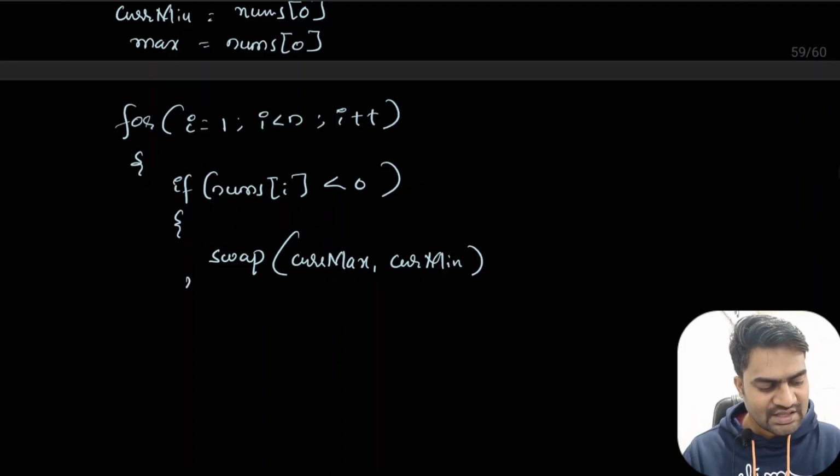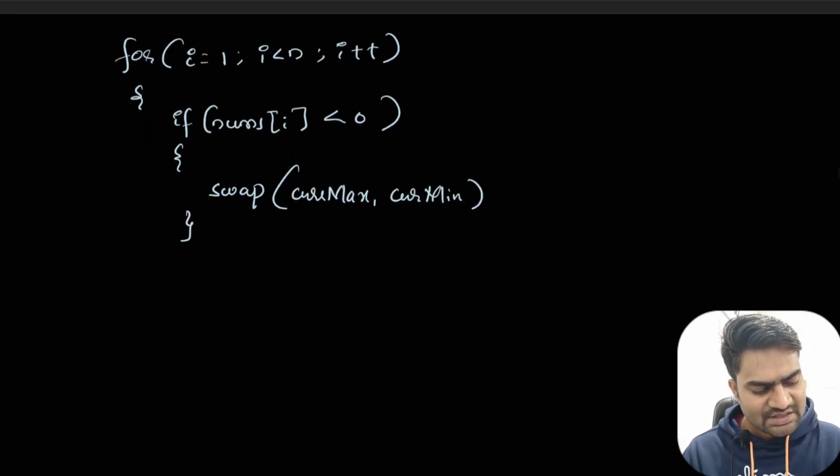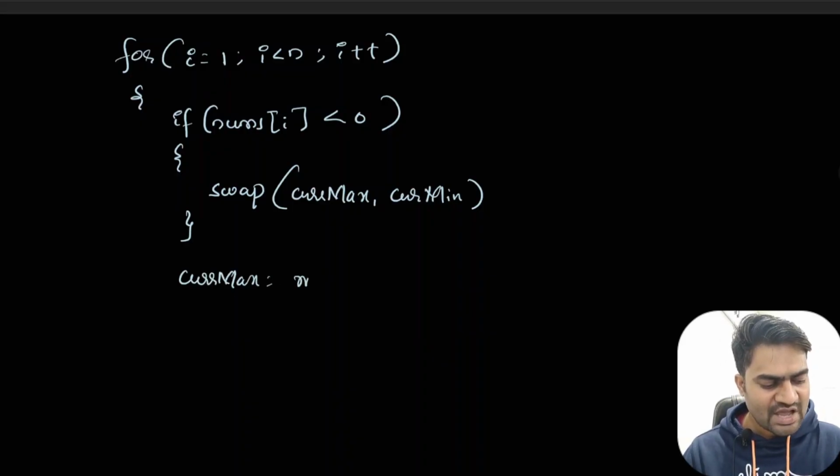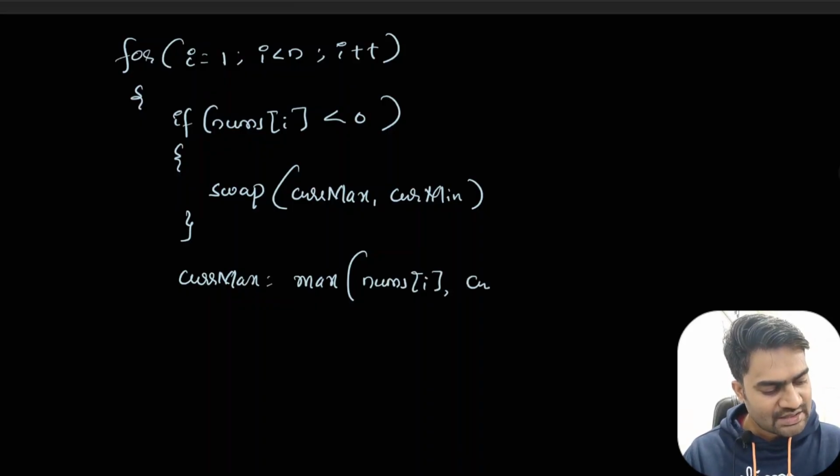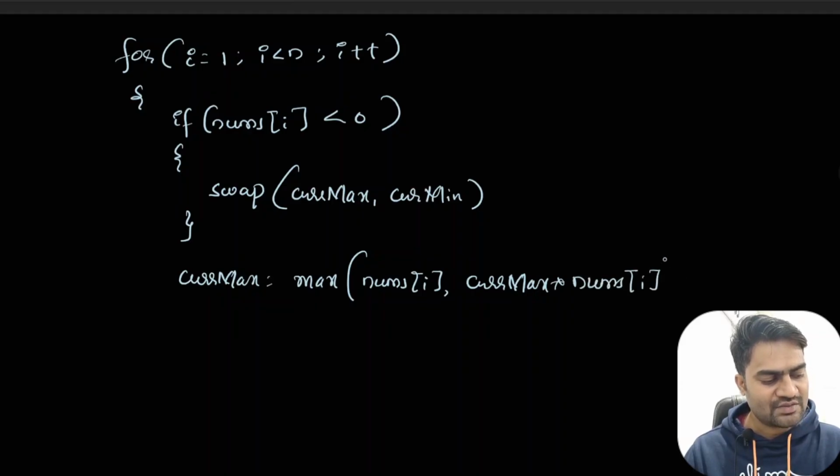Then I will update my current max equal to max of nums of i comma current max into nums of i, whichever is greater.